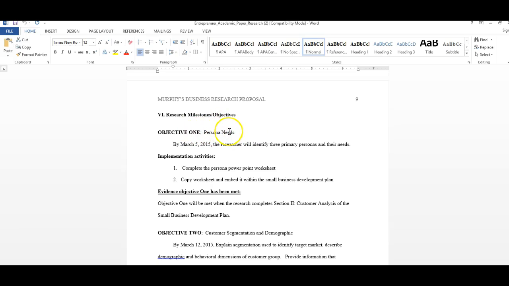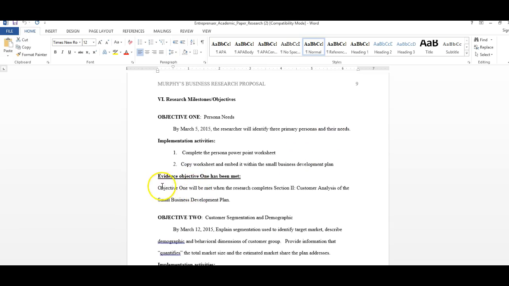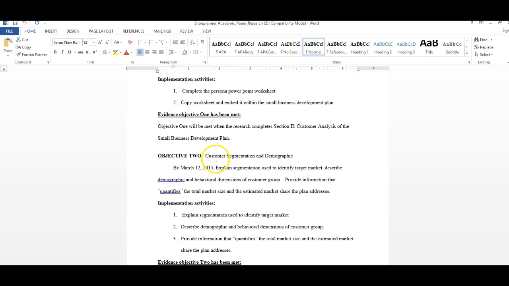So objective 1, he's going to come up with who his personas are, or essentially his segmentation. This date here, by such and such a date, that's going to be a date in capstone. The researcher will identify 3 primary personas. Evidence will be met when he's able to complete the customer analysis section of his business development plan. Customer segmentation demographic, by such and such a date, that's in capstone.